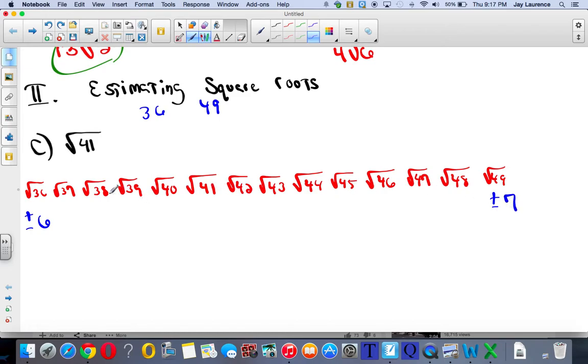I'm going to find the median of this data. And I think there's 14 numbers here, right? 49 minus 36, 13 plus 1, right? 14. So 1, 2, 3, 4, 5, 6, 7 is right there. And so that's going to be plus or minus 6.5. What number would that be? Well, that'd be the square root of 42.5. Let's take the square root of 42.5.